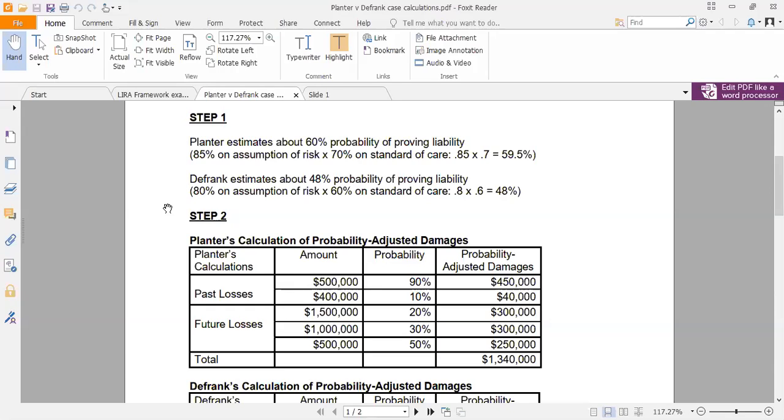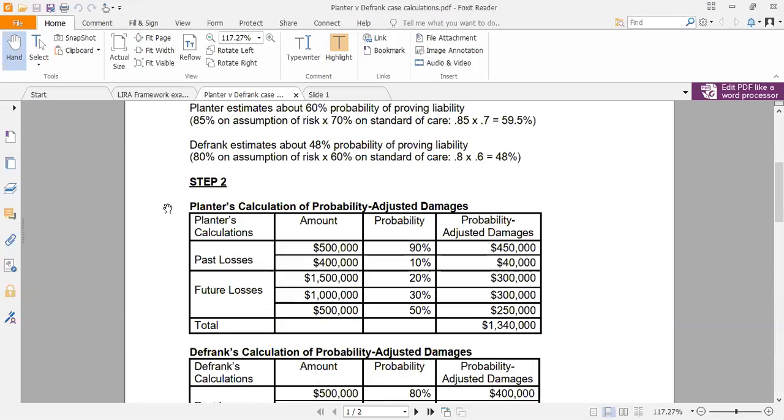And so the defendant estimates only a 48% probability that the plaintiff can prove liability, and that's based on an assumption of 80% on the assumption of risk issue and 60% on the standard of care. You multiply the two numbers, 0.8 and 0.6, and you get 48%. Okay, so that's the step 1 you saw before.